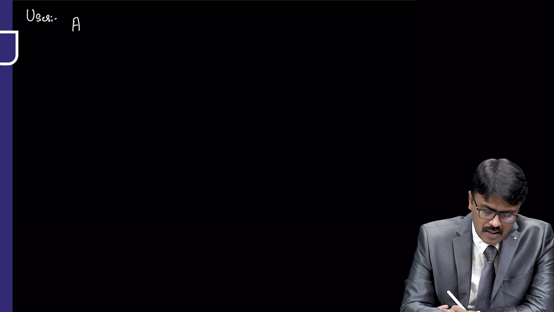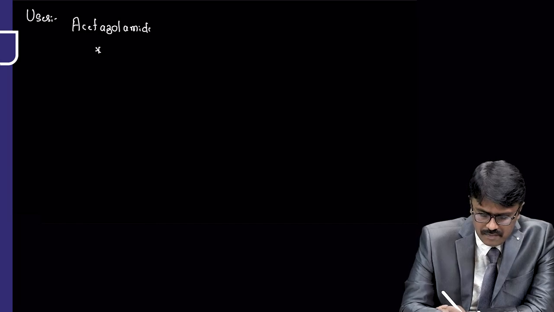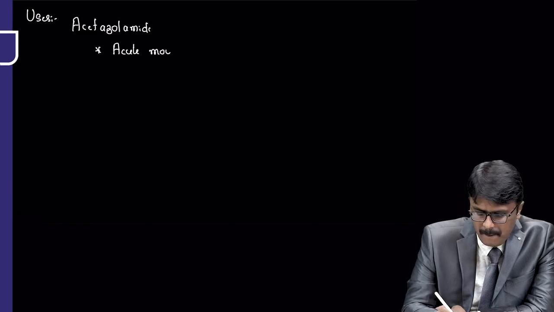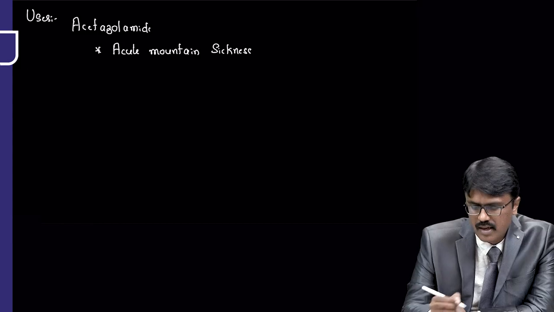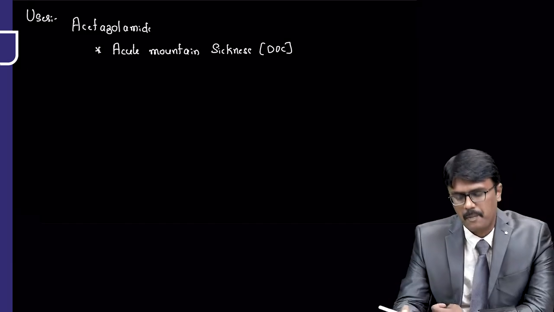The drug acetazolamide is a major drug that we use, and that is used in a condition called acute mountain sickness. It is used in acute mountain sickness, and for that acetazolamide is the drug of choice.